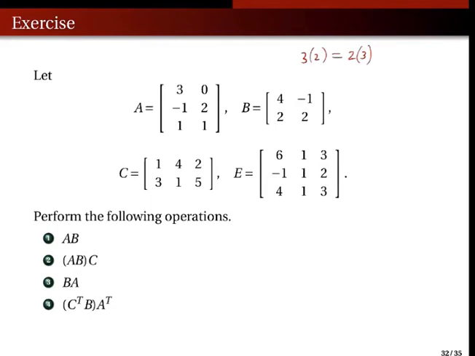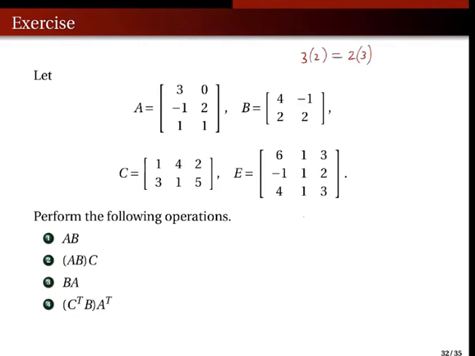But in matrices, if you multiply two matrices, A, B, it may not be the same as BA. In fact, in this particular set of matrices, we will show that they are not equal.